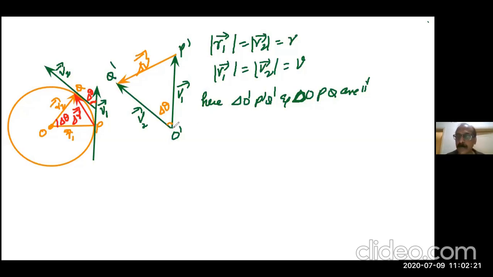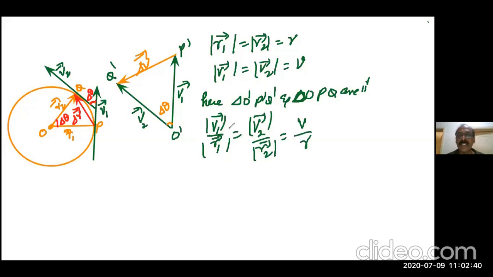We know what is the property of similar triangles? Ratio of corresponding sides will be equal. Modulus of vector V1 by R1 is equal to V2 divided by R2 is equal to V by R, because I'm taking only the moduli.